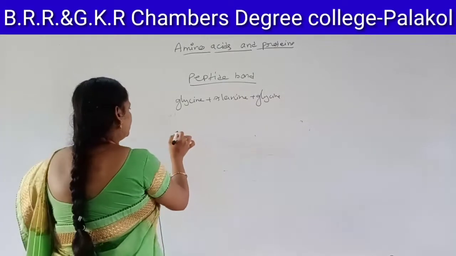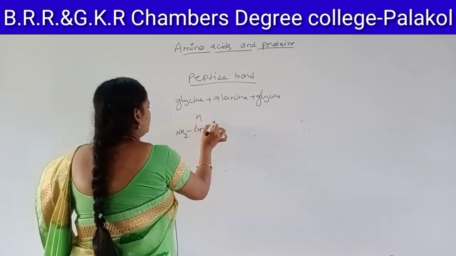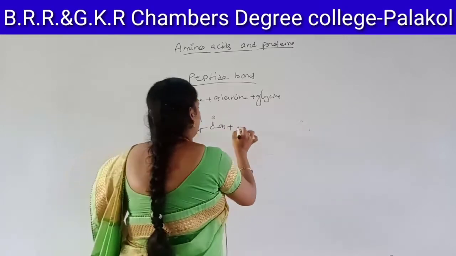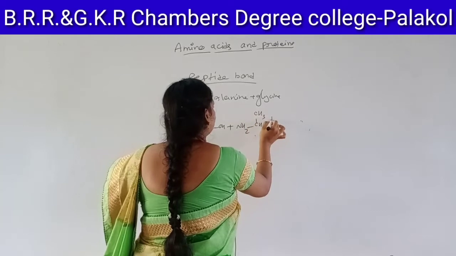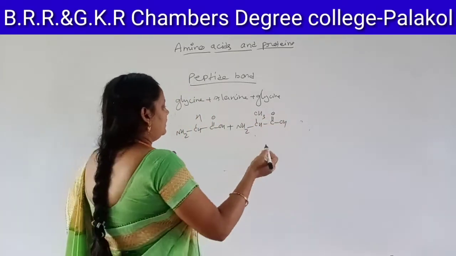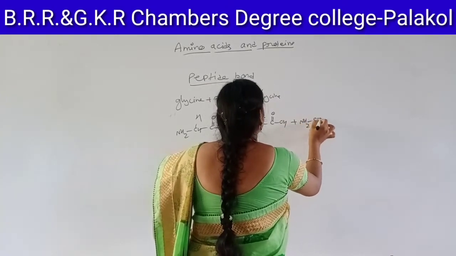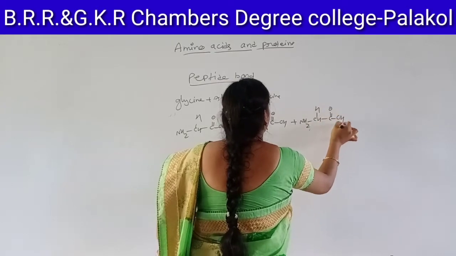We know glycine, NH2 CH2 C double bond OH, plus alanine, NH2 CH CH3 C double bond OH, plus another mole of glycine, NH2 CH2 C double bond OH.